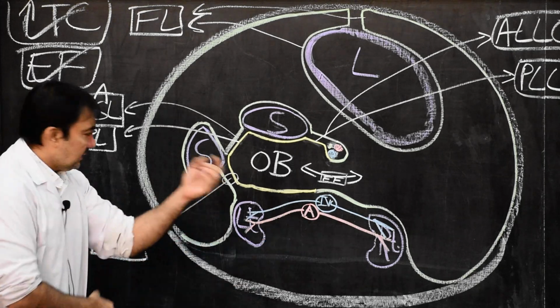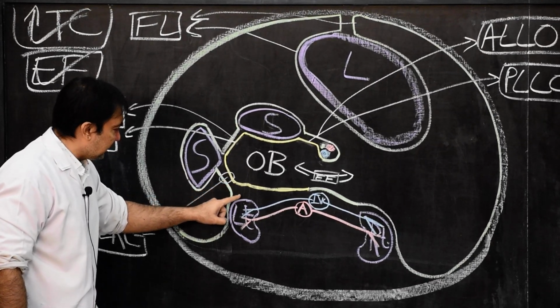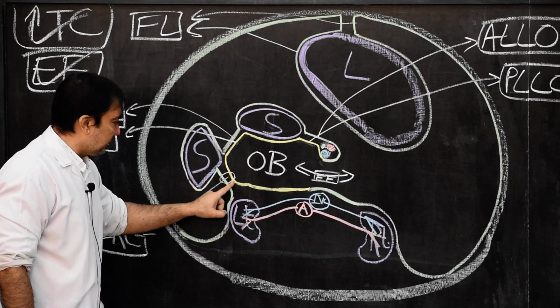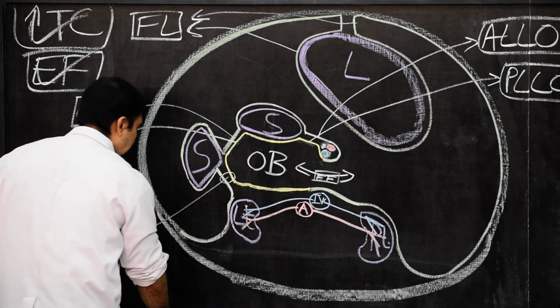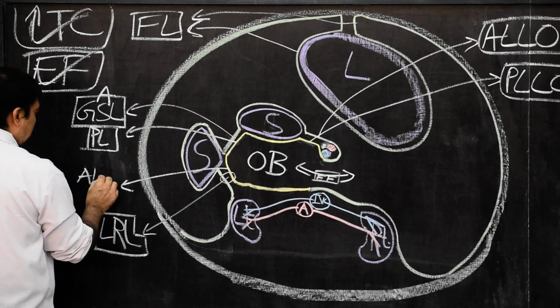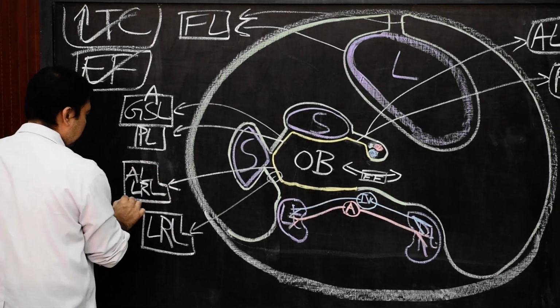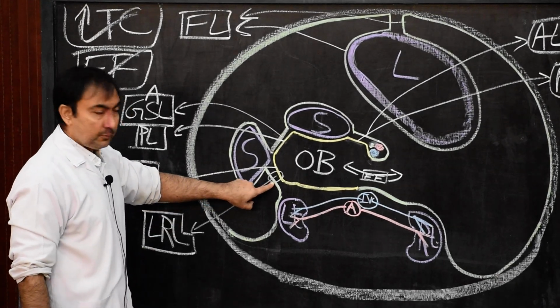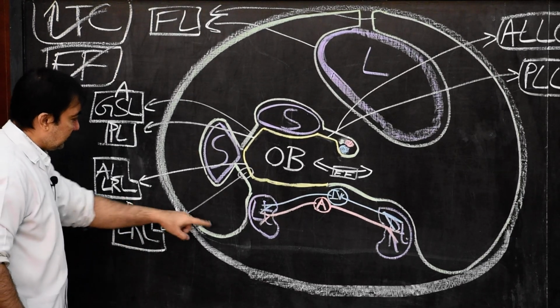So now this peritoneum, as it is reflected on the anterior surface of the left kidney, will become the anterior layer of the lienorenal ligament. So here this will become the anterior layer of lienorenal ligament. And already this was the posterior layer of lienorenal ligament.